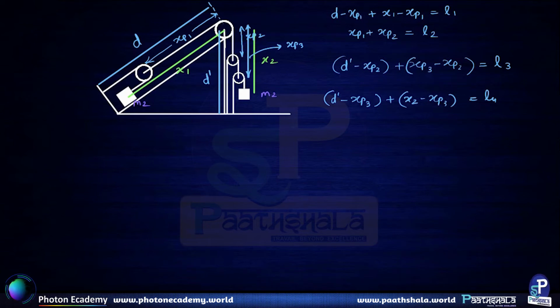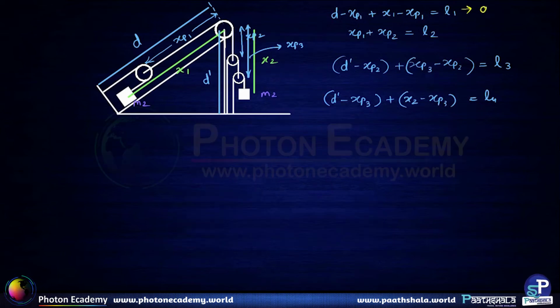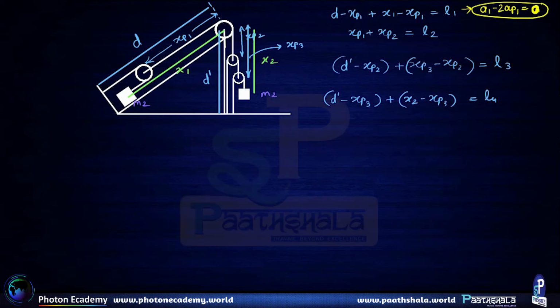So for the first equation, on double differentiating will give us a1 minus 2ap1 equal to 0. So this is our first constraint motion equation. For the second equation, we can write down ap1 plus ap2 equal to 0.